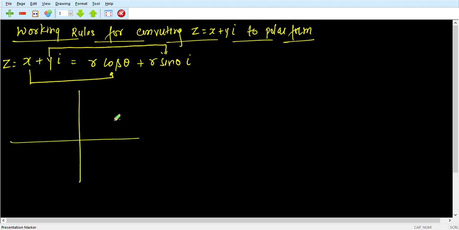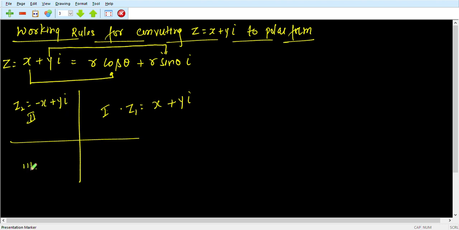Theta will belong in first quadrant only when the real part and imaginary part of the complex number both are positive. Theta will be in second quadrant only if real part of the complex number is negative and imaginary part is positive.